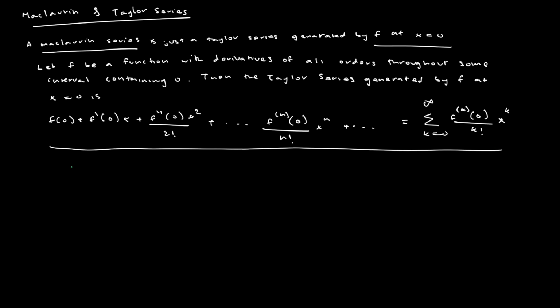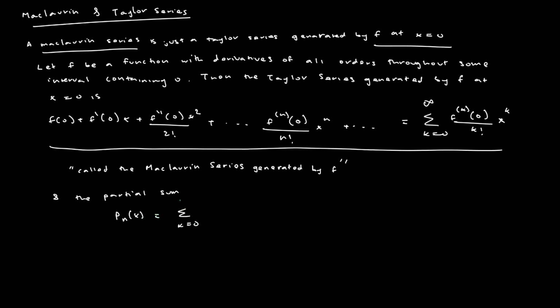So this is called the Maclaurin series generated by f, and the partial sum Pn of x is simply equal to the sum from k equals 0 to n of the kth derivative of f at 0 divided by k factorial times x to the k.